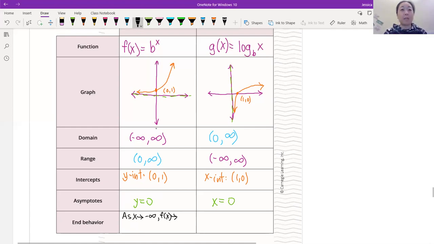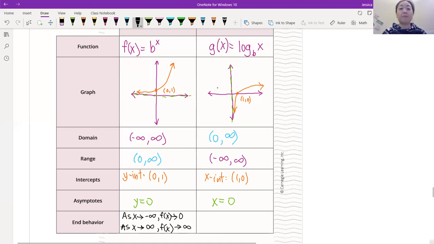So the more left we go, the more towards 0 y is going to go. So it's going to approach 0, sorry, I said infinity. And as x approaches positive infinity, what does f of x approach? As we go more to the right, the graph goes all the way up to positive infinity.